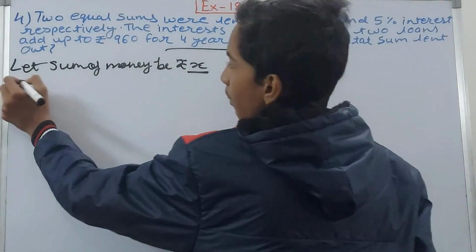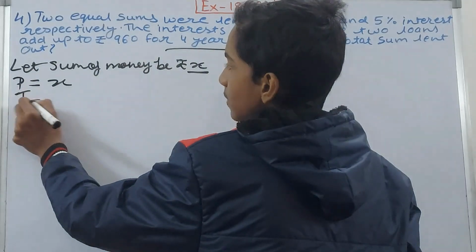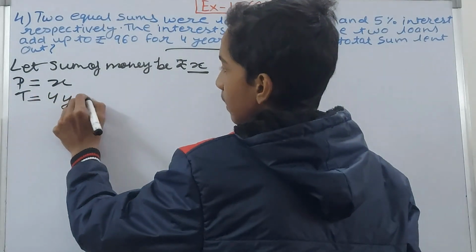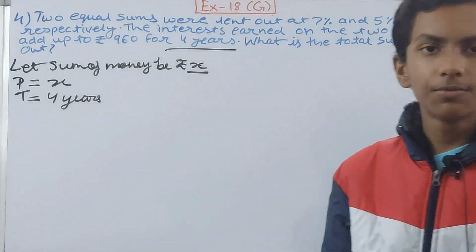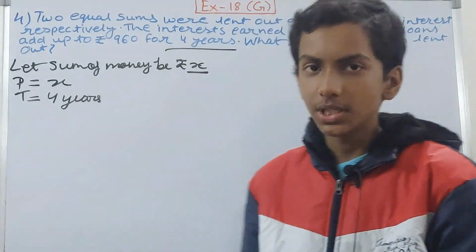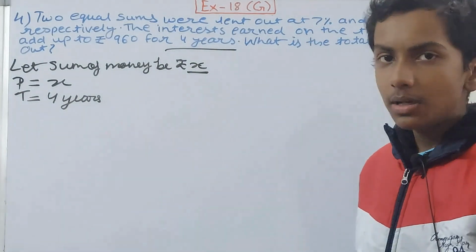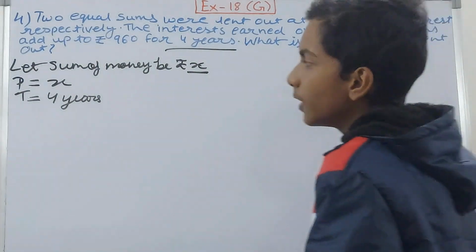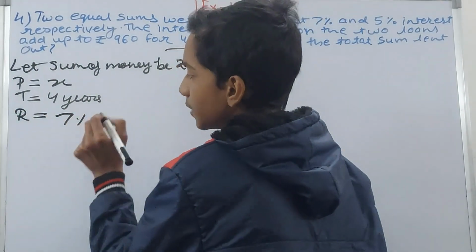Okay, so principal is x and time is 4 years. These two will be the same, and just like the previous question, we will first find the simple interest here. Again the rate will vary from one interest to the other. So first I'll find the simple interest at the rate of 7%.